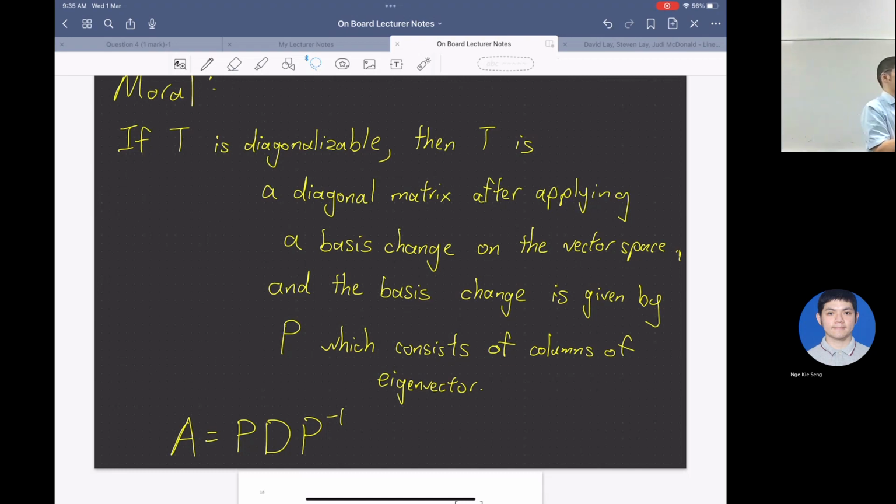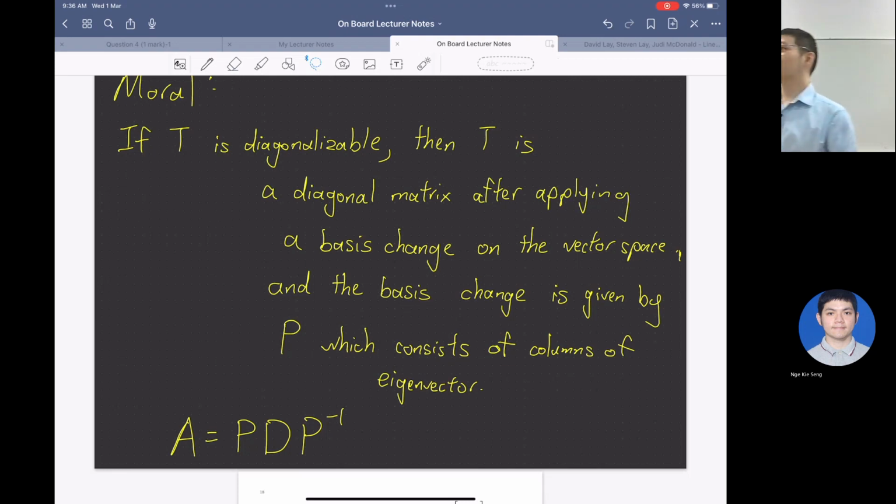The original basis is not friendly to the linear transformation. The basis that's friendly to the linear transformation is the eigenvector basis. So this is another good thing about using eigenvectors as a basis. If you change your vector space to the eigenvector basis, then your linear transformation will become diagonal, that is, a matrix with diagonal entries.